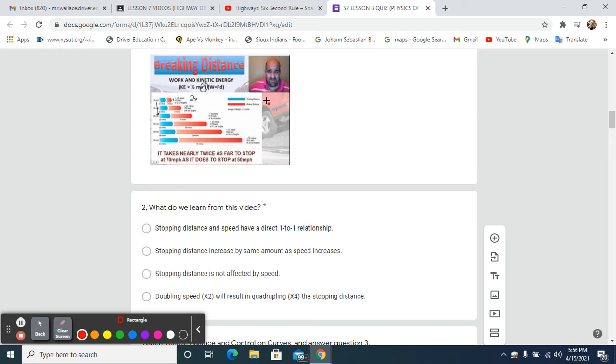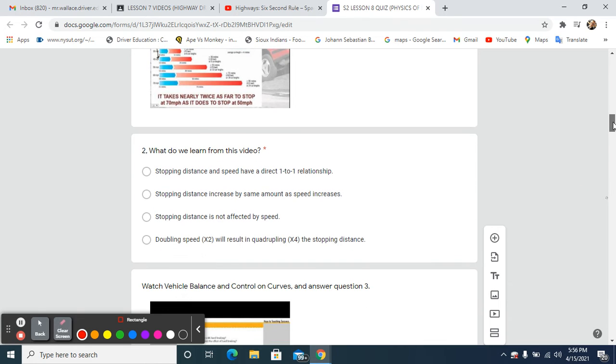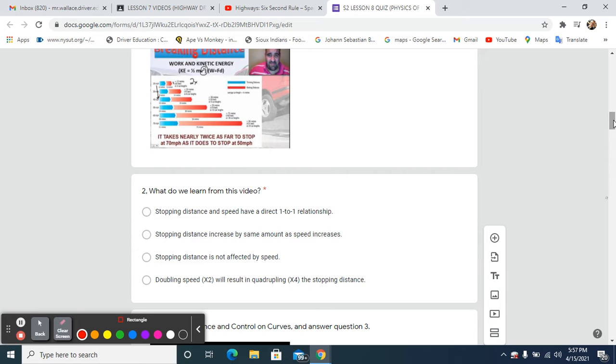Okay, when we watch this video again about braking distance, we learned that kinetic energy means that our stopping distance is actually not doubled but quadrupled. Okay, so it goes up exponentially. So doubling our speed will result in quadrupling the stopping distance.